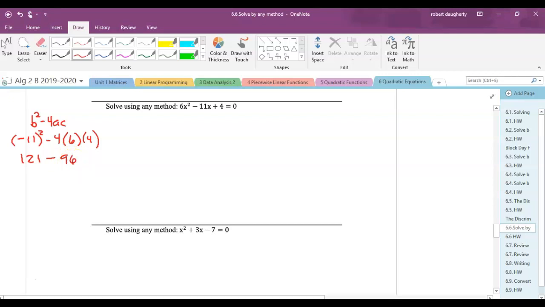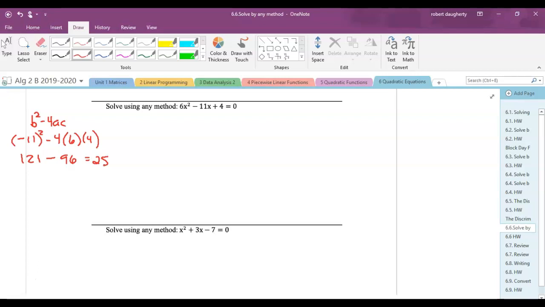So 121 minus 96 is 21 plus 4. This is 25. So what does it tell me if b squared minus 4ac is 25? What kind of number is that? Perfect square.